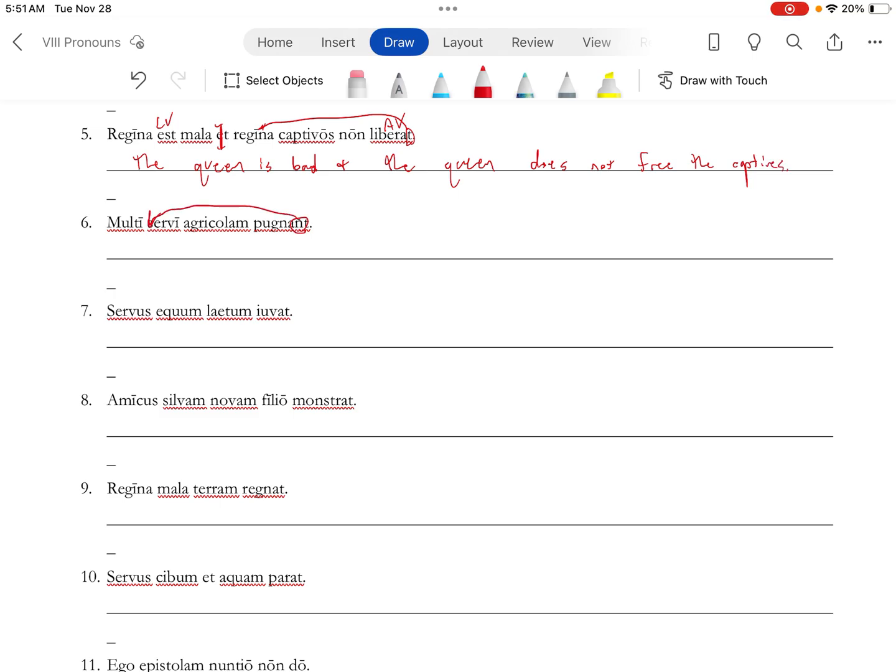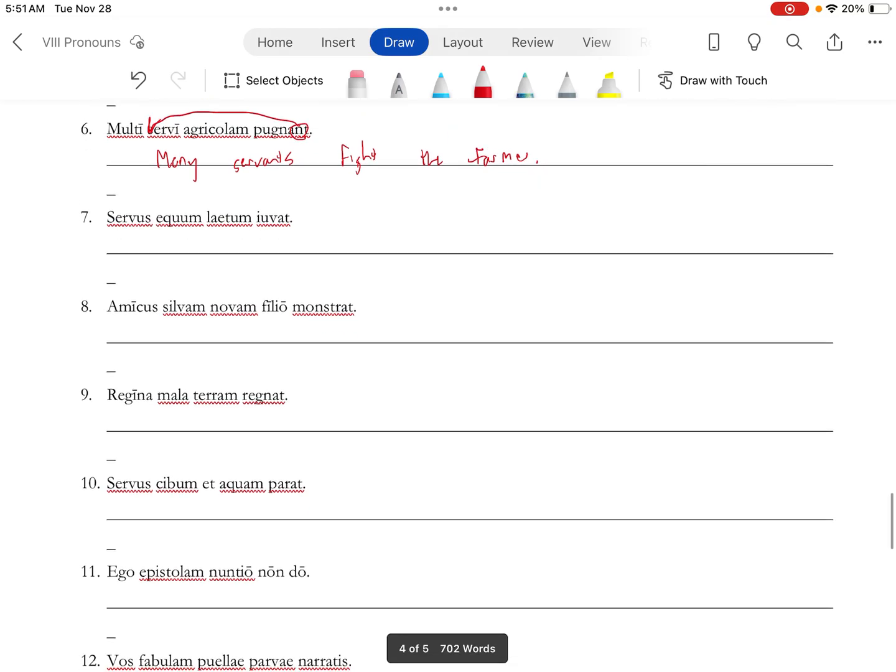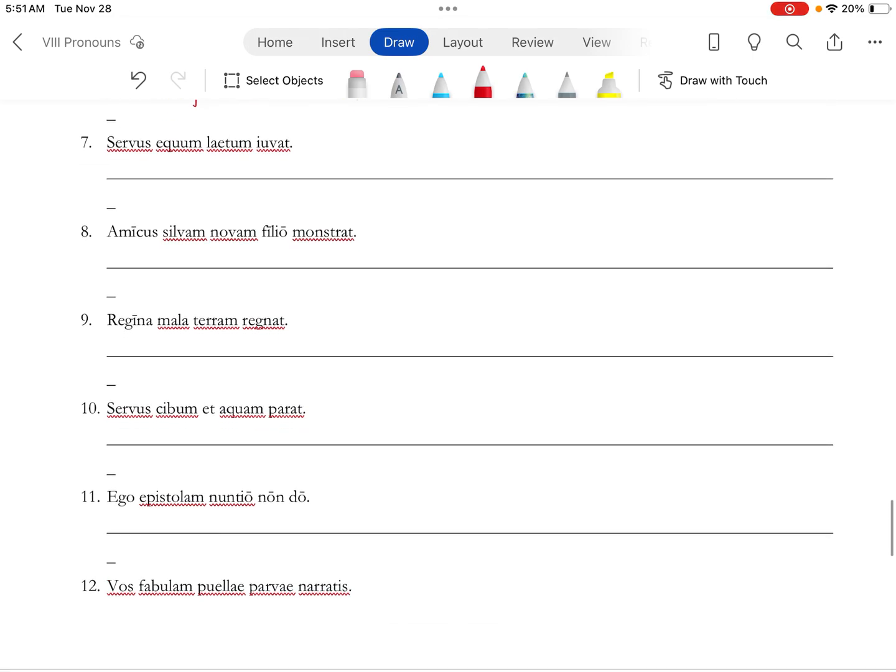NT is they, there's our they. Many servants fight the farmer, or are fighting the farmer. He, she, it, so the servant is helping you up.